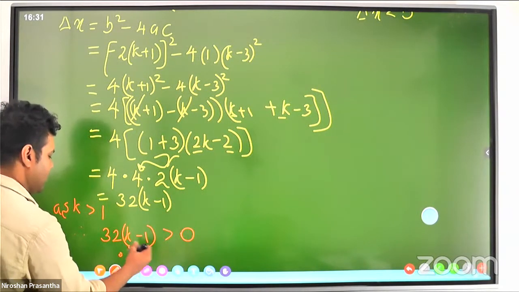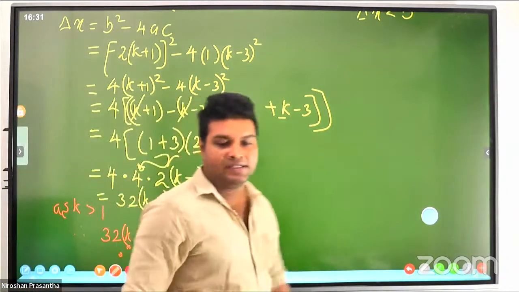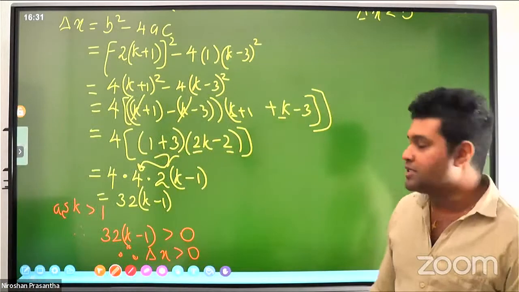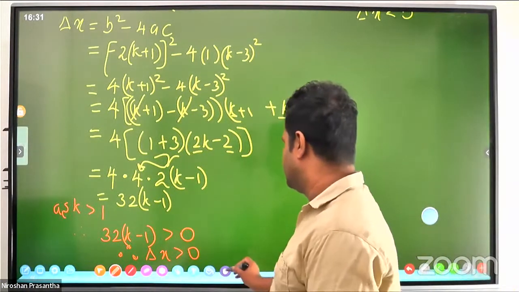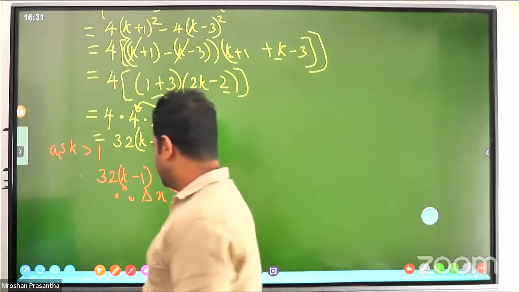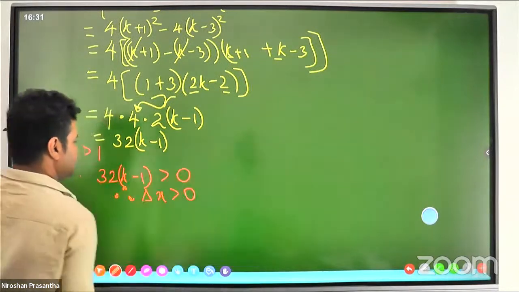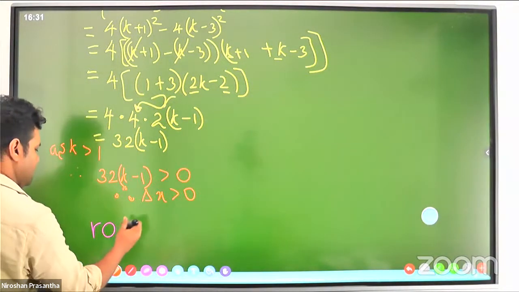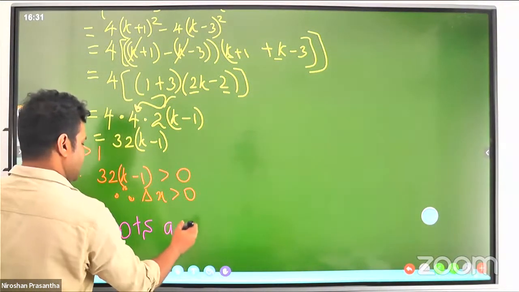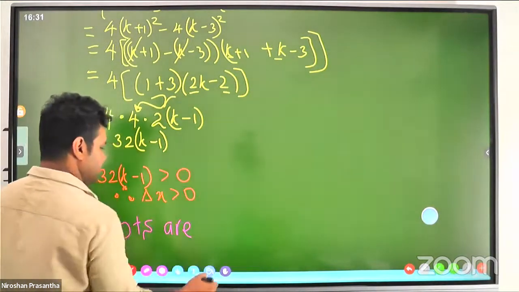Therefore, delta is positive. Roots are real and distinct. Write down: roots are real distinct.